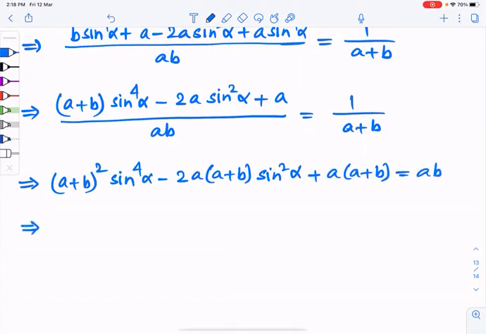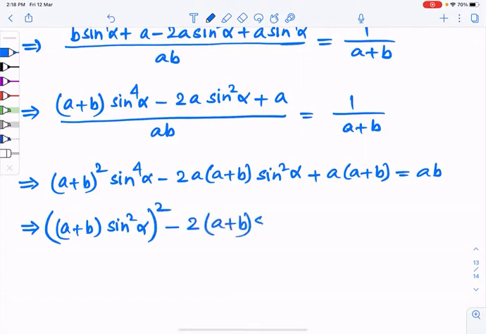This one can be written as a plus b into sine square alpha whole square, minus 2 into a plus b sine square alpha.